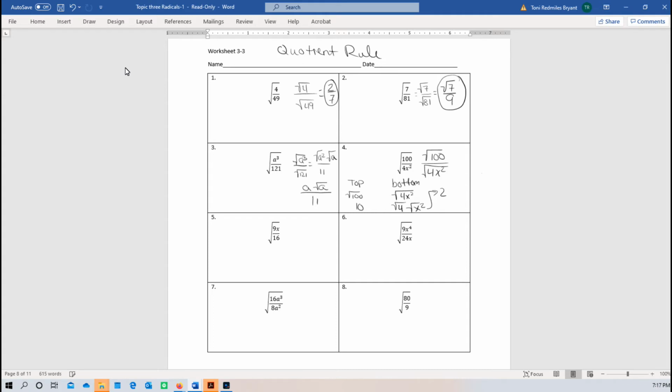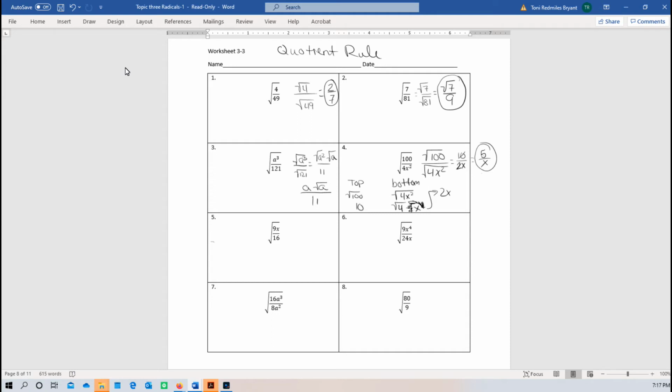The square root of x squared, well, these cancel out. Remember, square root and square are opposite operations. They can cancel each other, leaving me just with the x. So on the top it seems like what I have is 10, and on the bottom I have 2x, but I can reduce these, okay? I actually have 5 on the top, the 2 completely reduces out, and an x on the bottom.